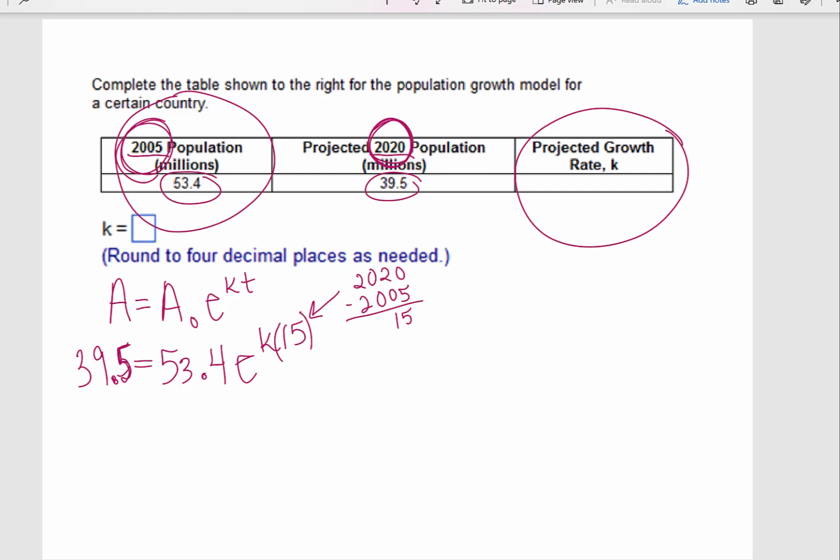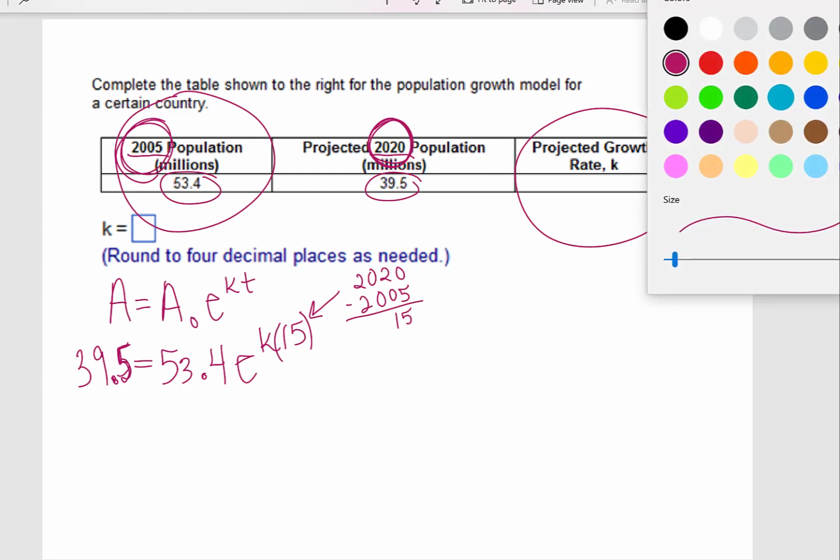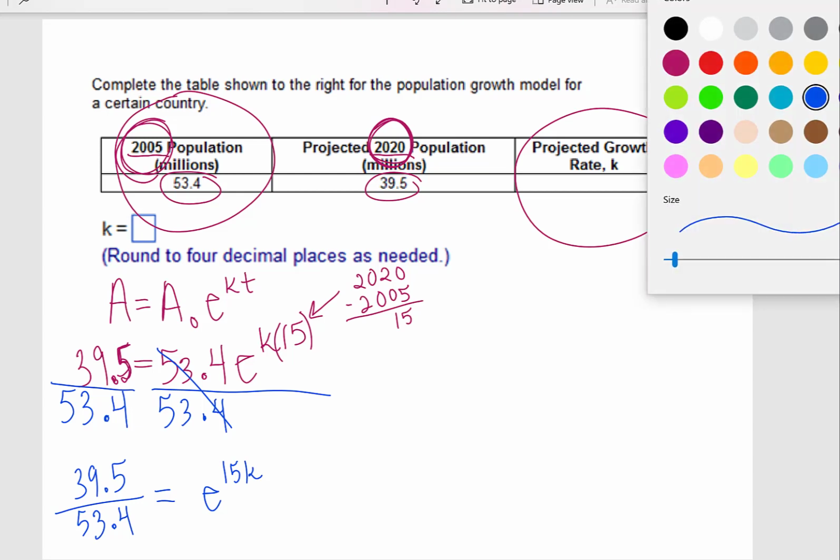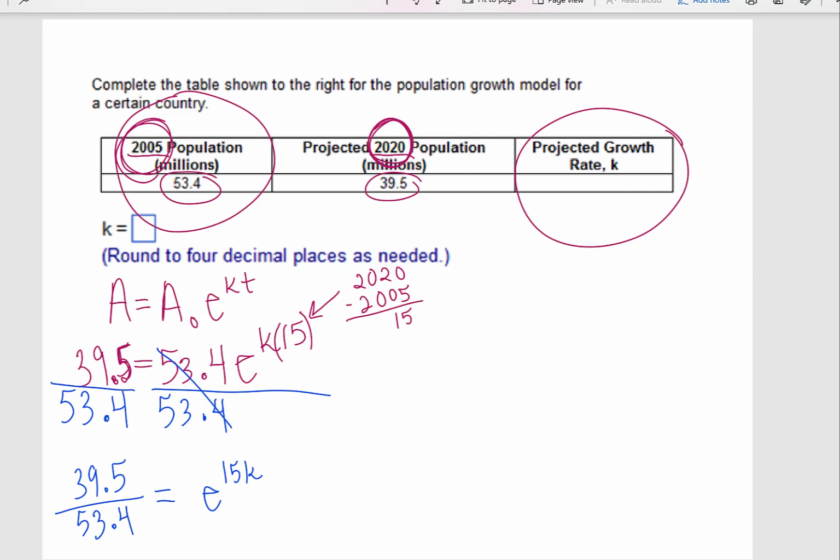I'm going to start isolating E. So divide by 53.4, divide by 53.4. I'm going to go ahead and write it 15K. Now we can take the natural log of both sides.